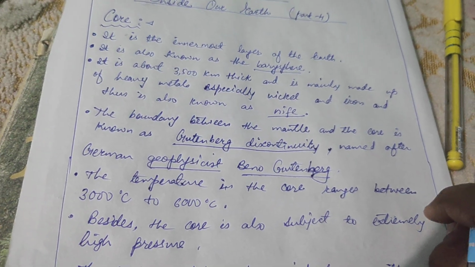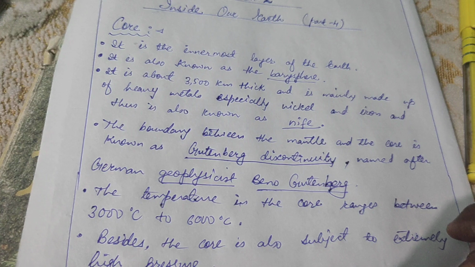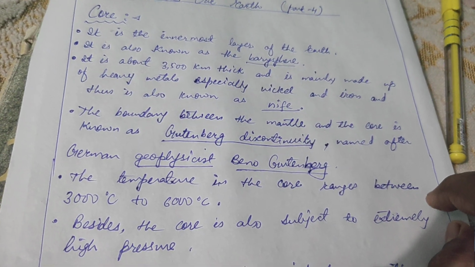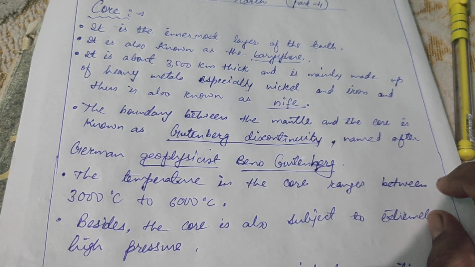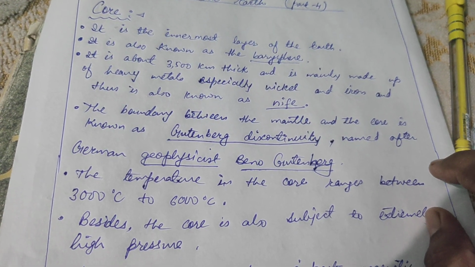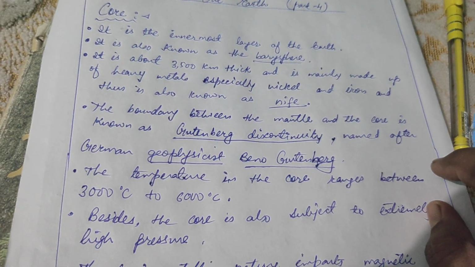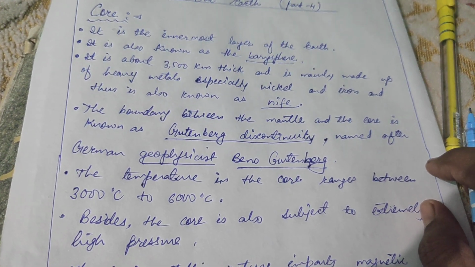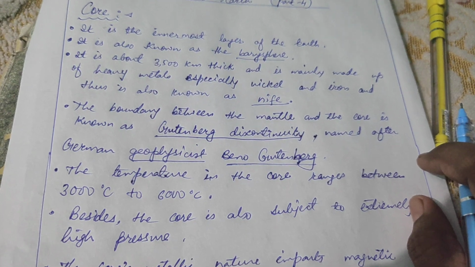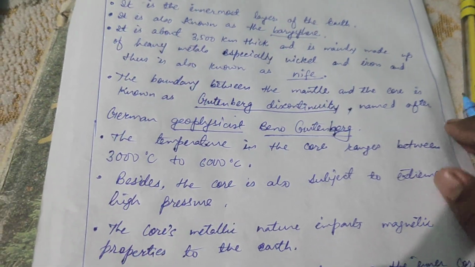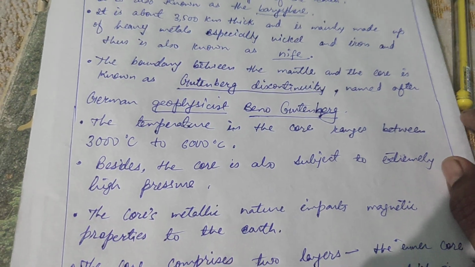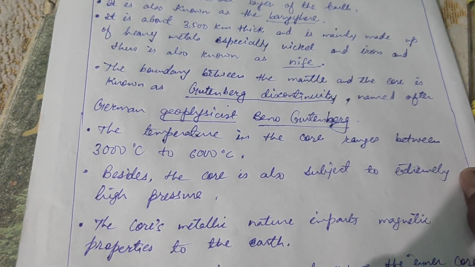Apart from extreme temperature, extremely high pressure is also found, and due to the presence of extreme temperature as well as pressure, the minerals found in this layer are converted into solid form. That is why the core's metallic nature imparts magnetic property to the earth.